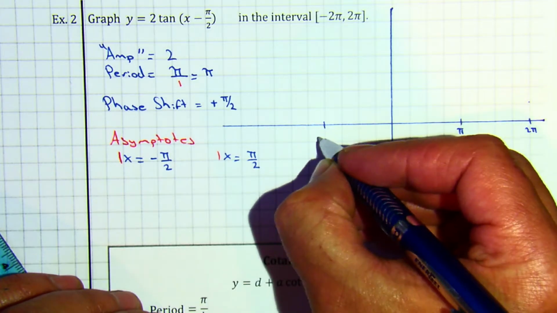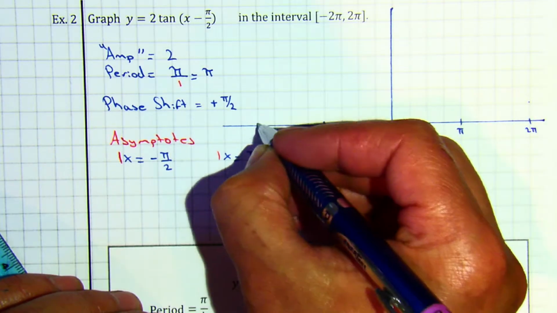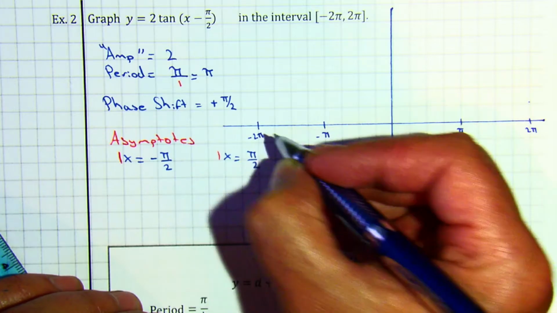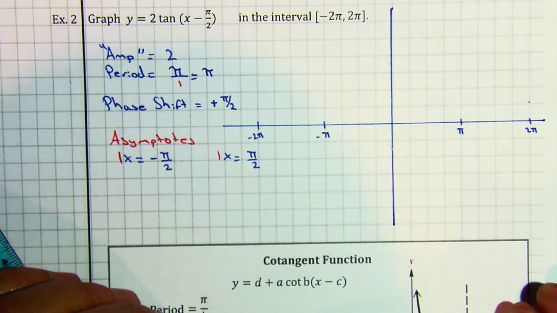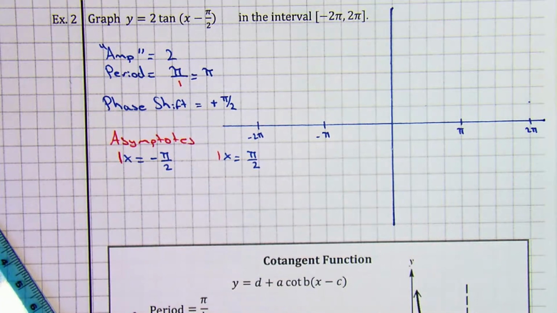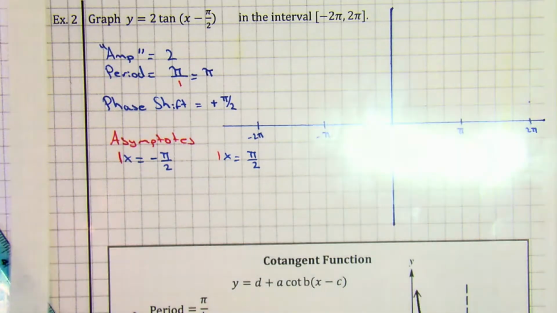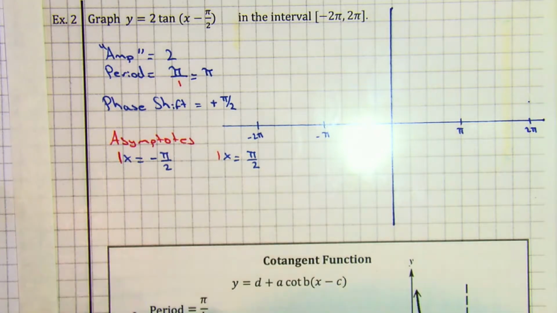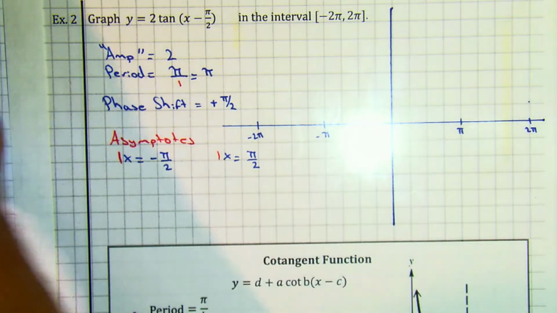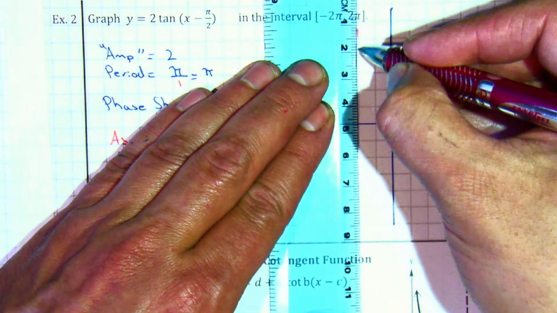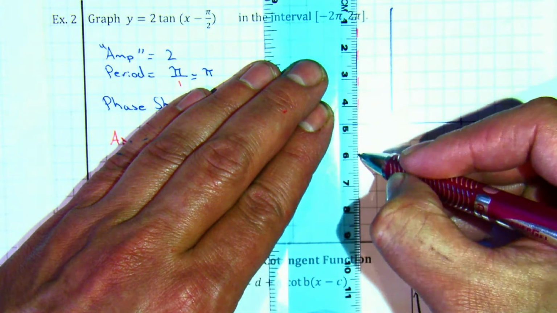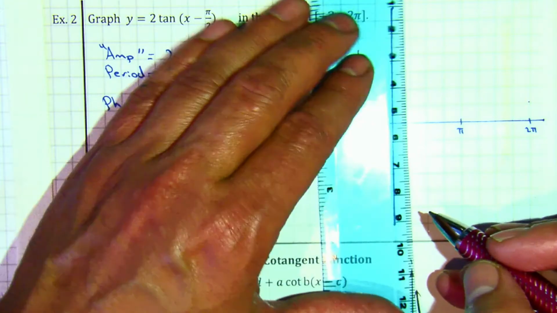Negative pi. Negative 2 pi. So right now, if I was going to draw my asymptotes, they will be from negative pi over 2 to positive pi over 2.